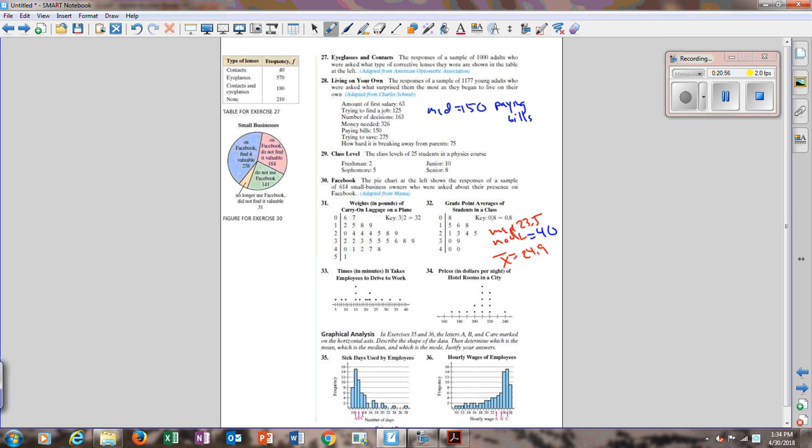Number 34, this is a dot plot, which tells us different values. So once again, got to be able to read it, and I think you're all capable of it.